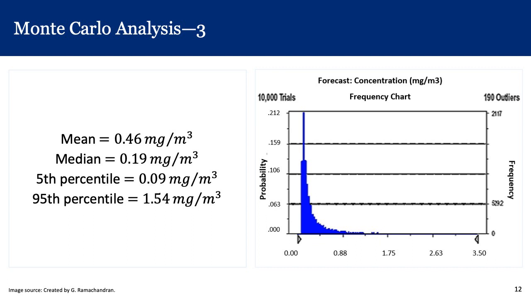We can calculate the median, that's 0.19. And we can also calculate the 5th and 95th percentiles by just arranging these 10,000 values from the lowest to the highest and finding the 500th value, that would be the 5th percentile, and then the 9,500th value, that is the 95th percentile.